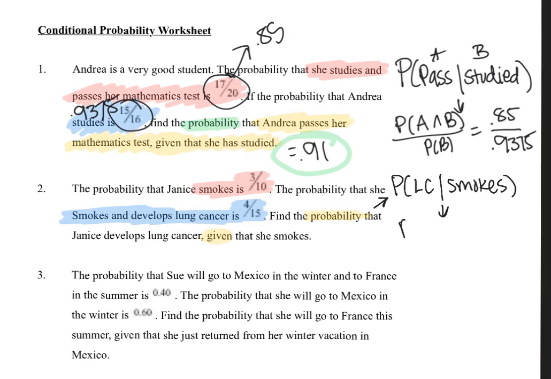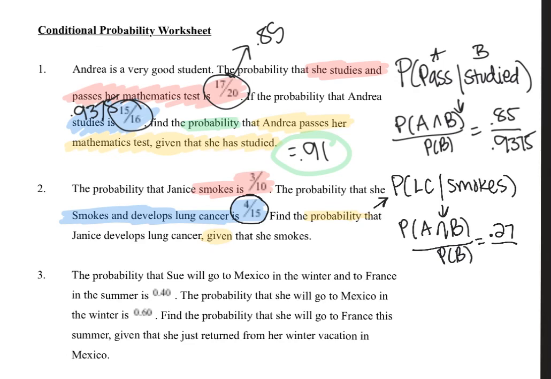That formula is the probability of A and B over the probability of B. The probability that she has lung cancer and she smokes is my numerator, 4 out of 15. So 4 divided by 15 is about 0.27. I would round to the nearest 2 decimal places, okay? Even though we didn't do that in number 1, your answers are still going to be about the same.